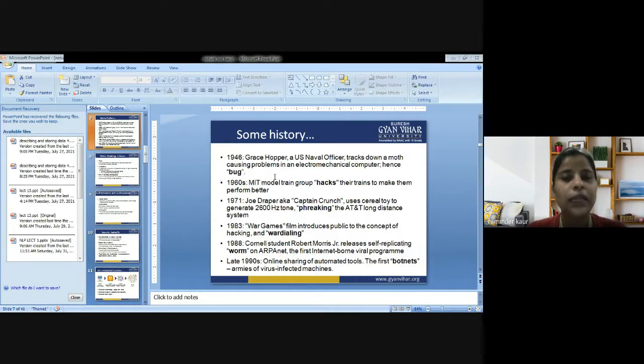Next, in 1988, Cornell student Robert Morris releases a self-replicating worm on ARPANET, the first internet-born viral program. In addition, in the late 1990s, online sharing of automated tools leads to the first botnets, armies of virus-infected machines.